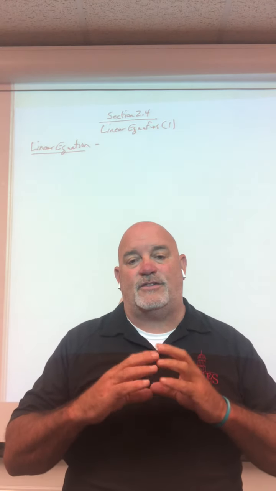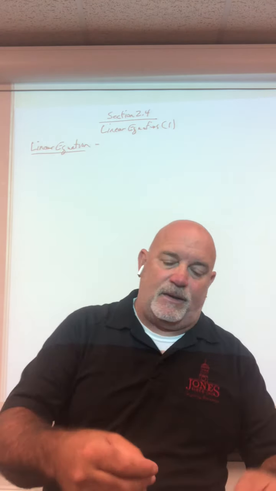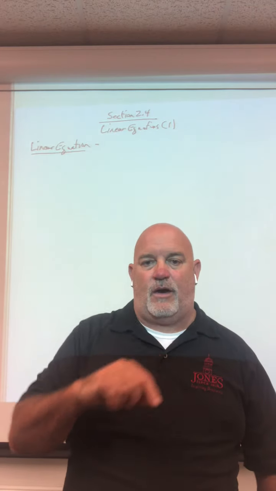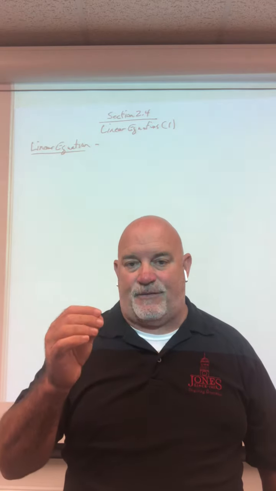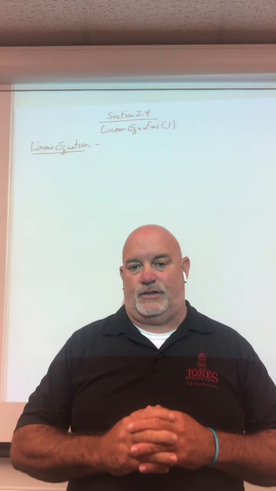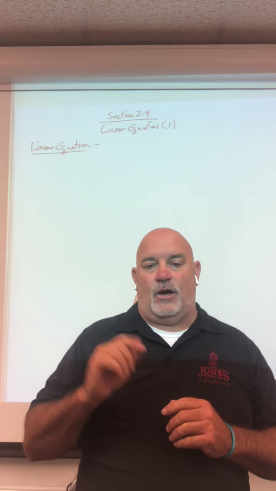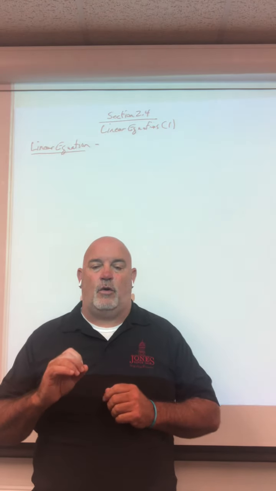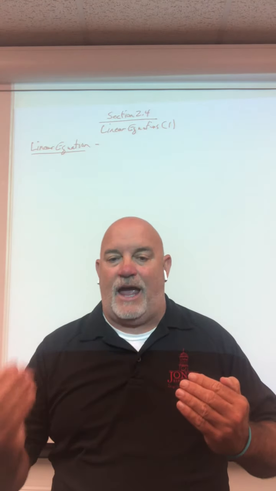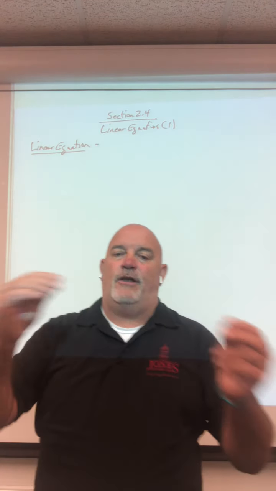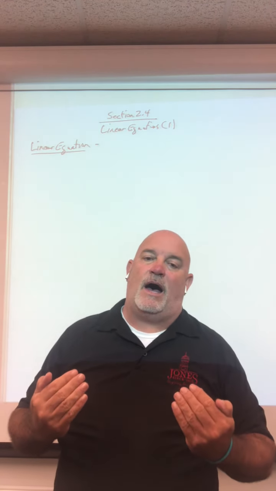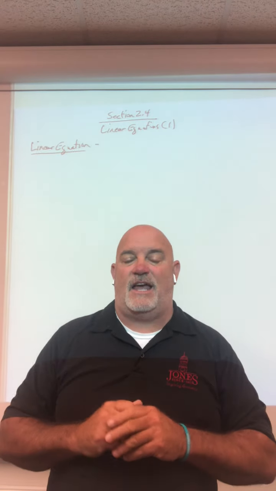So when we graph circles, I did not jump into the graph of a circle and show you how to graph a circle. What I did first was I showed you how to identify the equation of a circle. And I told you this, every circle, the equation, your x and your y were both squared, and the number that was in front of the x and y squared had to be the same number.